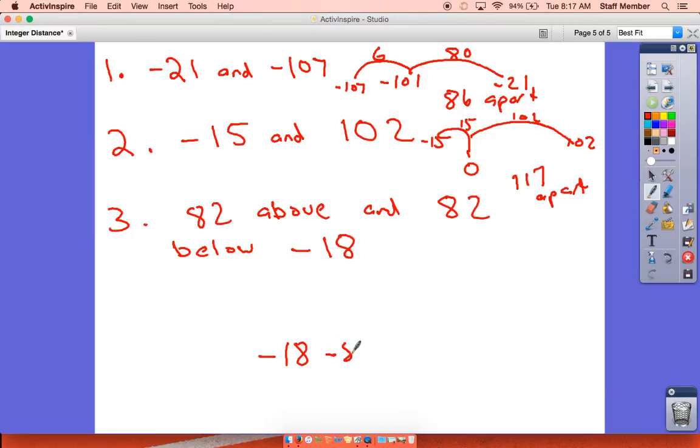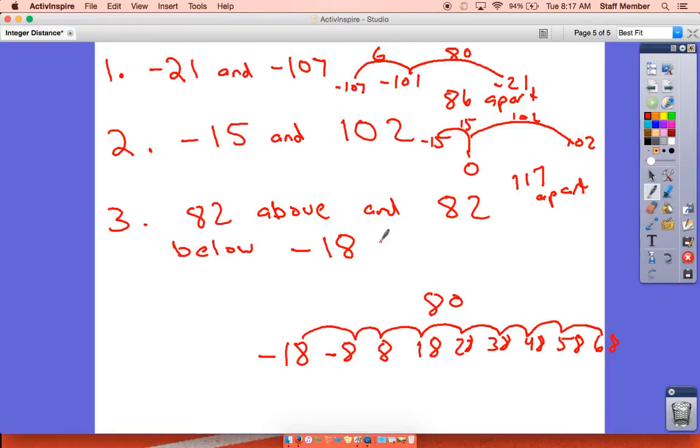So we'll go negative 8, positive 8, 18, 28, 38, 48, 58, 68, and let's see where we're at here. So there's 10, 20, 30, 40, 50, 60, 70, oh, there's 80. So we've got 80 so far, and then 82 would be 2 more. I'll jump 2 more, and I end up at 70 on this side.